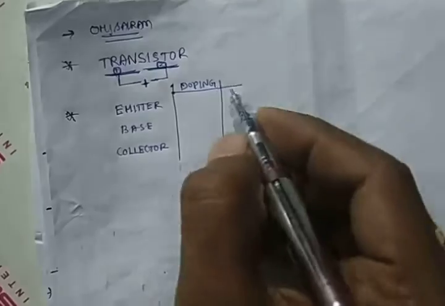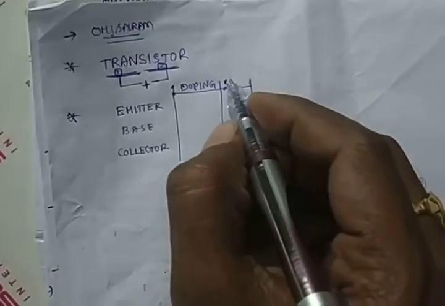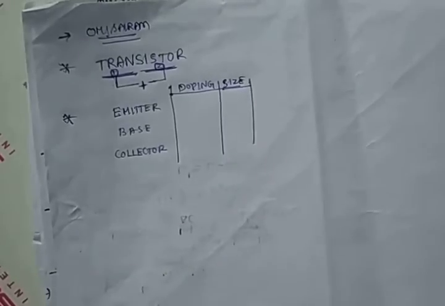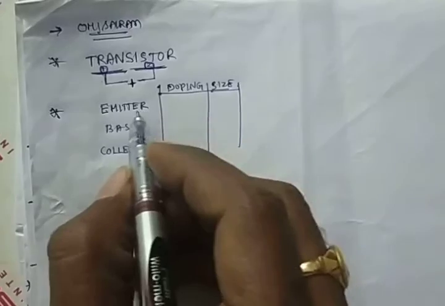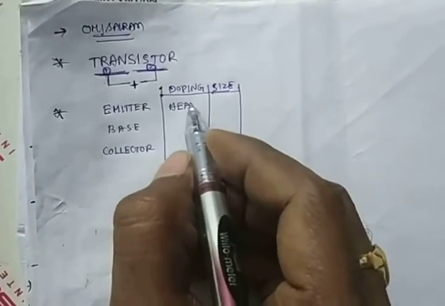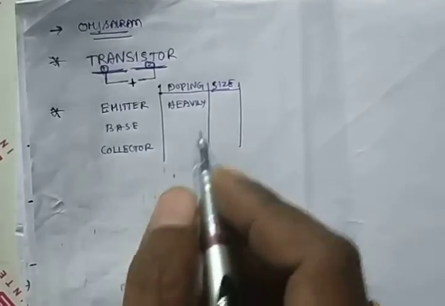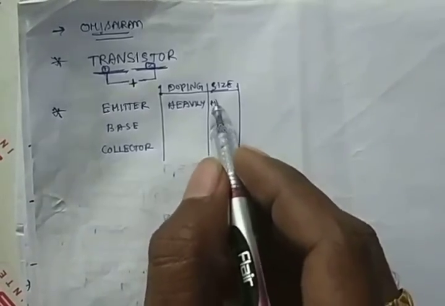In the first one, emitter, doping and size. So the emitter is heavily doped and size is moderate.